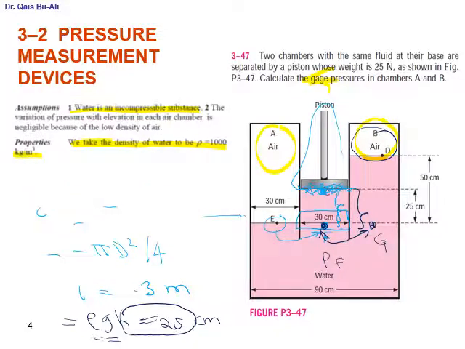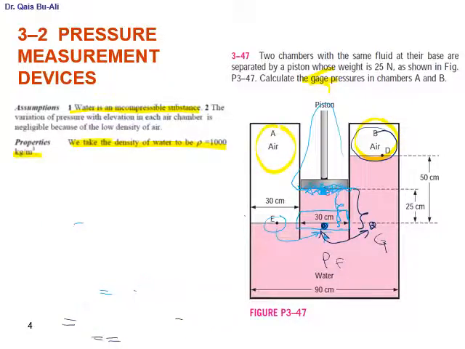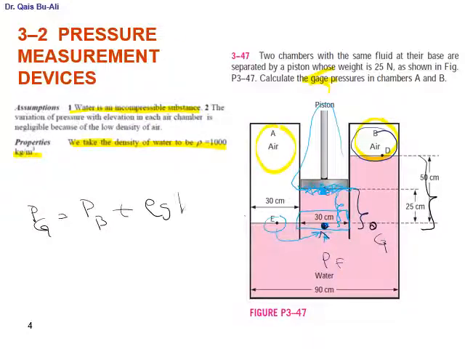So the pressure at this point is equal to PG. So PG is equal to PB, which is the same as PD if you want, plus rho g h, and h this time is equal to 0.5 meter. It's as simple as that.